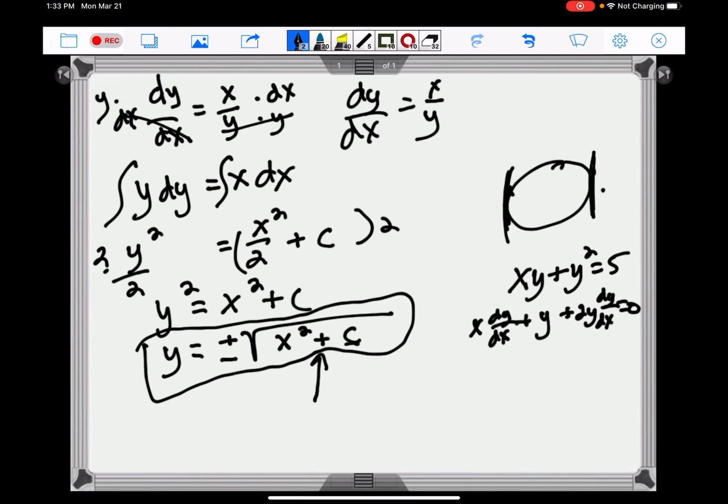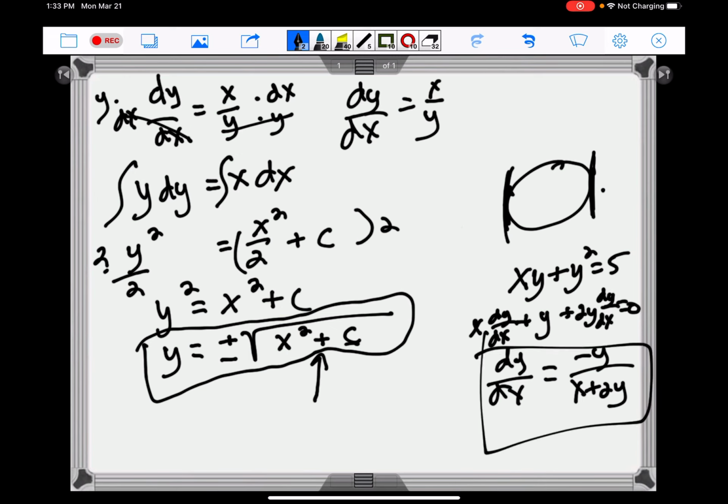Then I move that over and undistribute the dy/dx, and I end up with dy/dx equals negative y over x plus 2y, right? Okay, what if I gave you this originally and I asked for y, or the original equation? So you're just doing it back. Yeah, we're doing the inverse of implicit differentiation. Does that make sense?